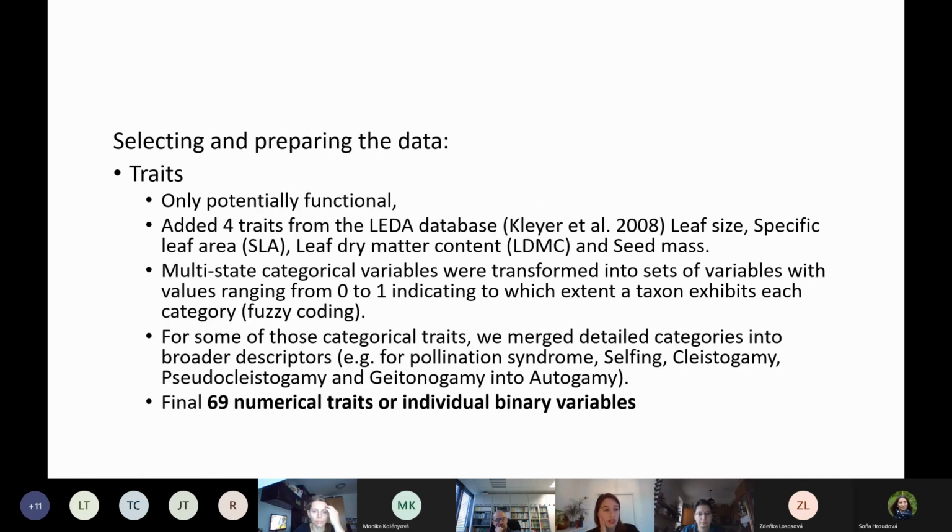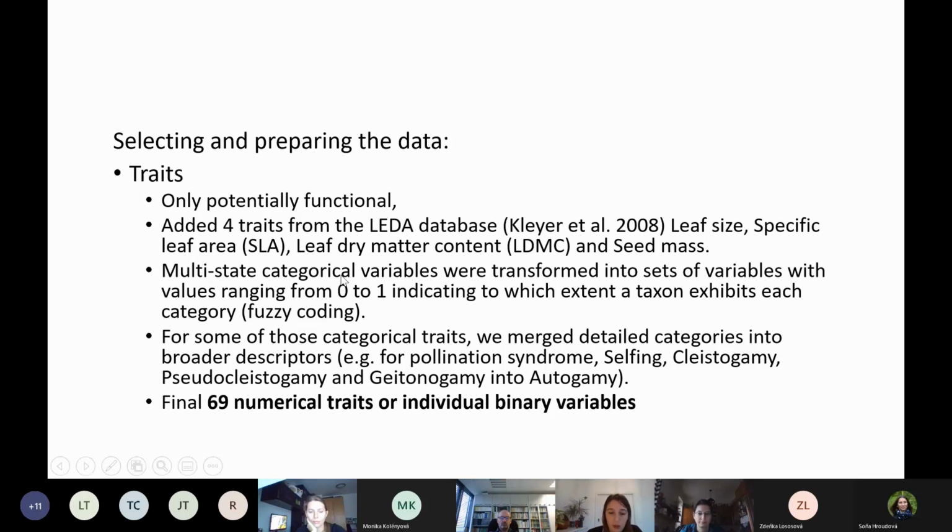And also for the traits, as I told you, we had not only functional traits in the dataset, we also had those other characteristics which are not considered functional, or we couldn't see ecological meaning from them. We also added 4 traits which are very important and were not included in the Palladius database in the beginning: leaf size, specific leaf area, leaf dry matter content, and seed mass.